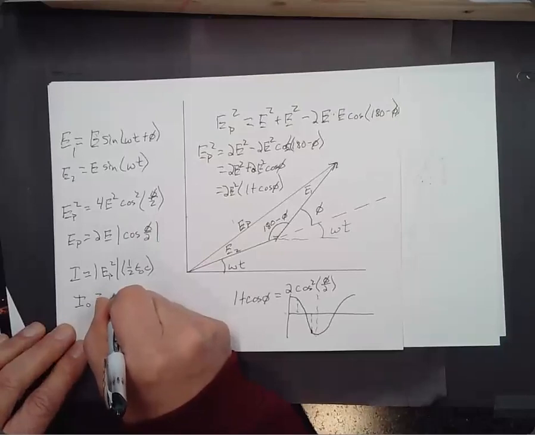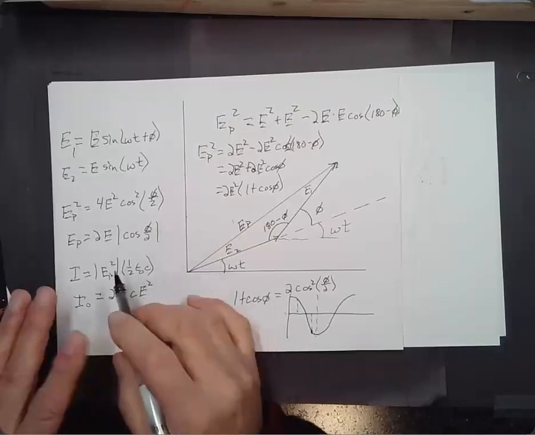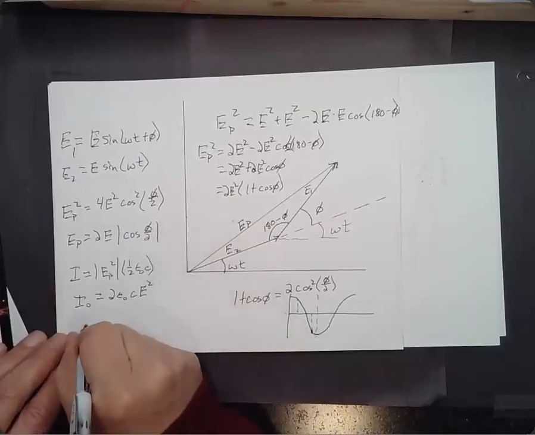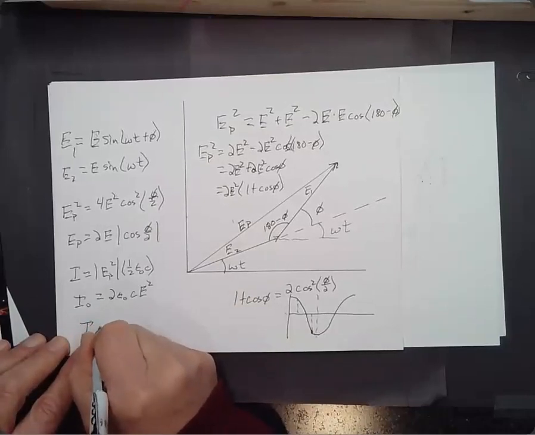actually it'll end up looking something like this. 2 epsilon naught c e squared. But I can write the whole thing for the intensity in terms of that. And here's what the intensity is as a function of phase difference.